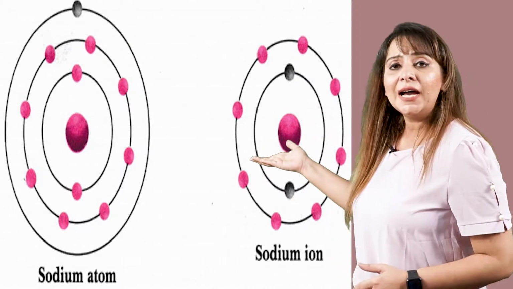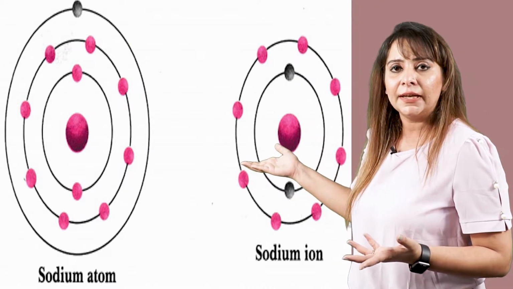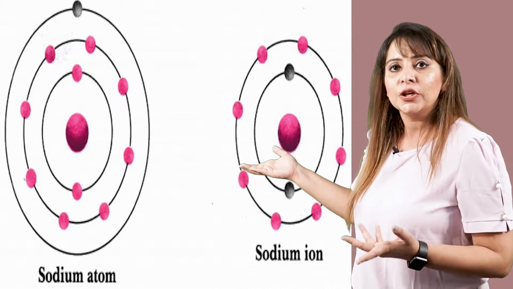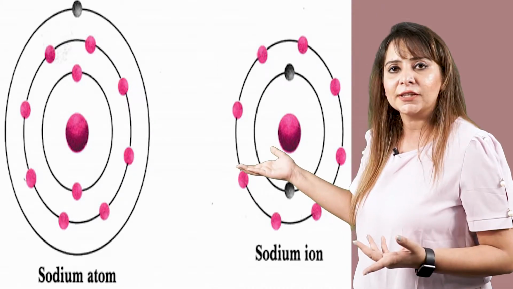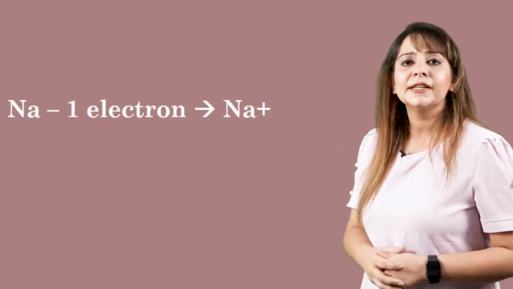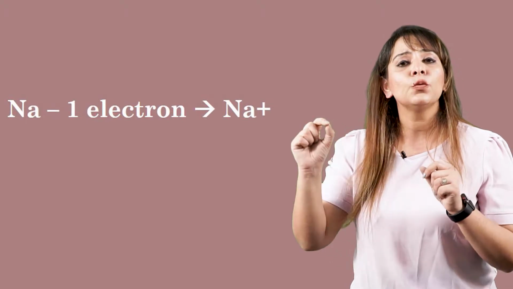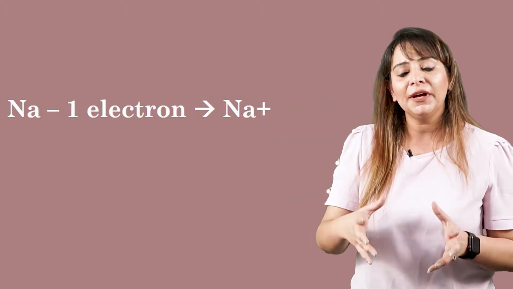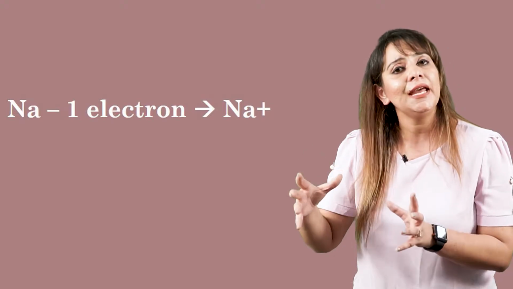So which charge is increased? Obviously the positive charge is increased, and by how many units? 1 unit. That is the reason sodium acquired a plus 1 unit charge, and it becomes the electropositive ion, that is, the Na+ ion. So this is how we can define the metal. I think you got it. So now let's move on to the non-metals, and how we are going to define the non-metal.